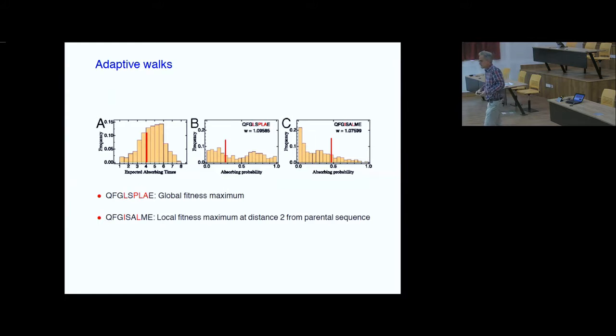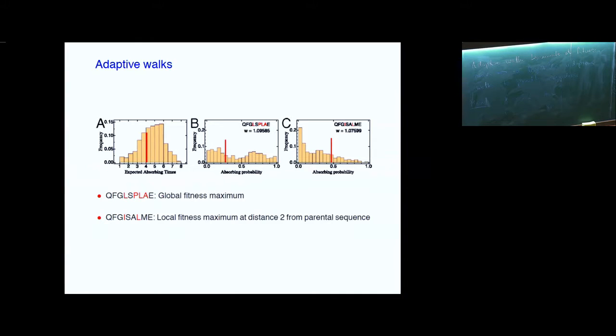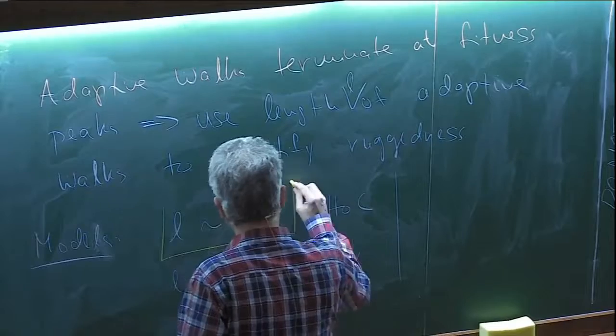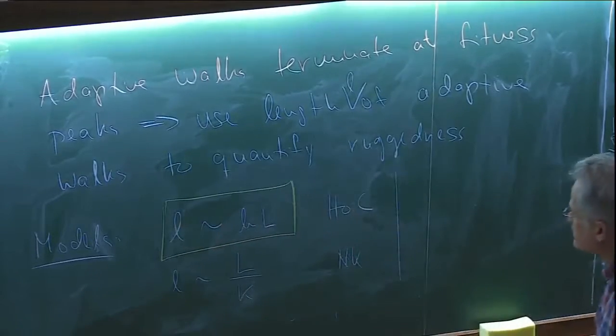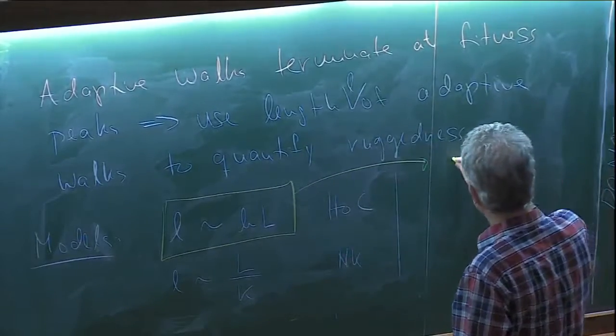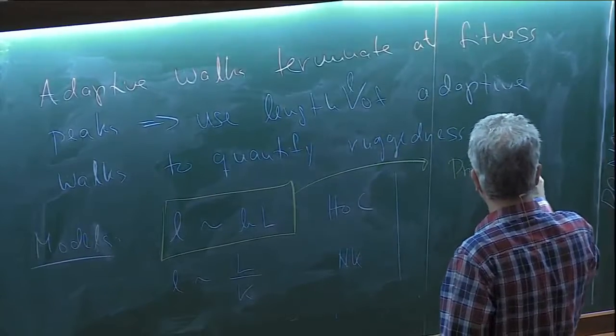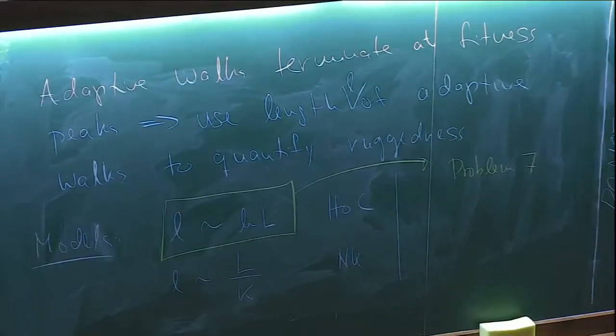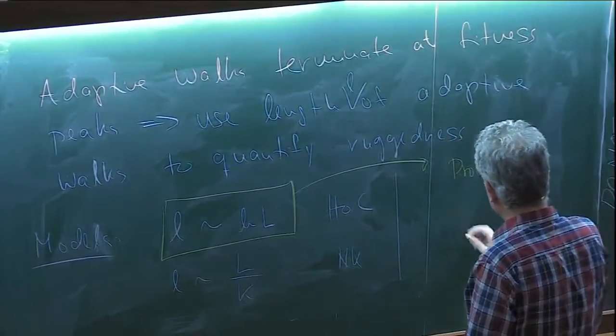Okay, as a last word, there would of course be much more to say about these adaptive walks. If you're interested in this model, the last problem on the problem sheet, problem 7, I think, is essentially about calculating this. You want to show that the length of the adaptive walk is of order log L. But this treats a slightly simpler variant of this model, which is called the random adaptive walk.